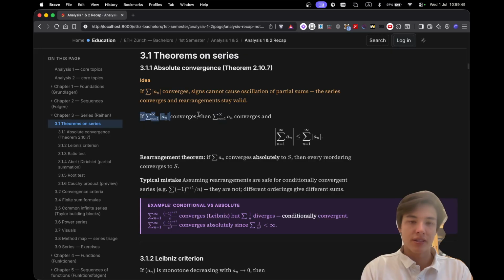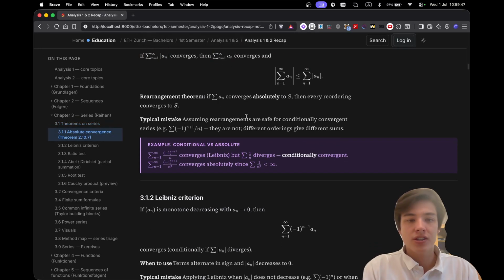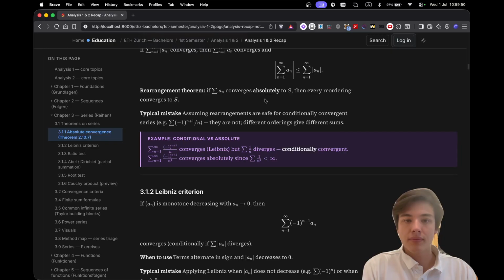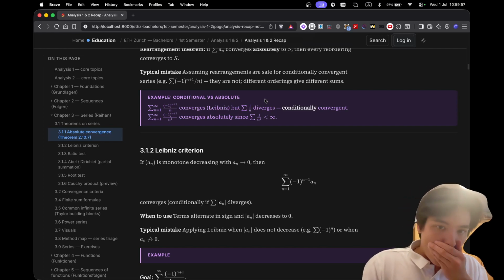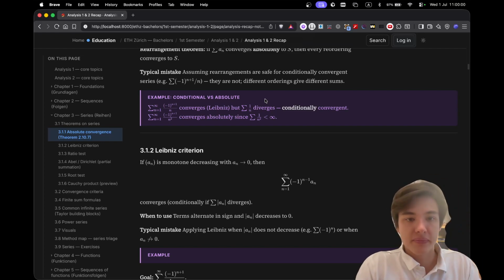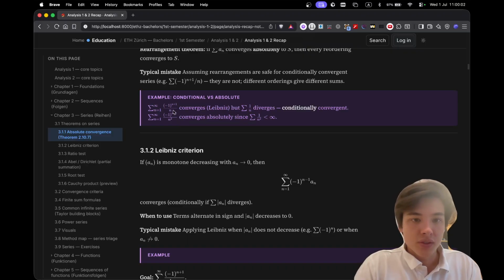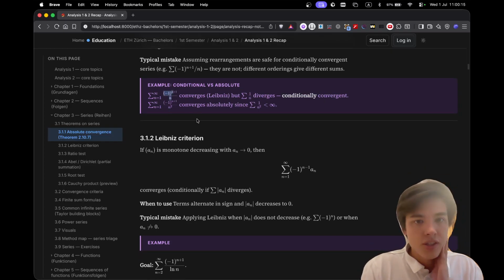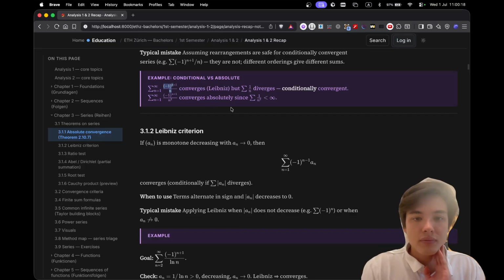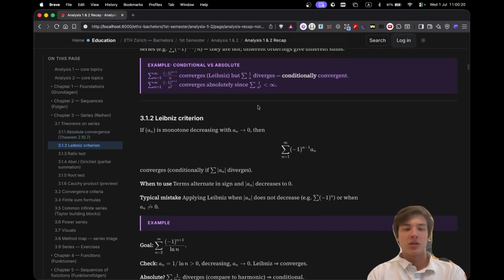But if even this converges, then this also must converge. So 1 over n, we know just diverges. So if we change signs, it should converge. This is similar.